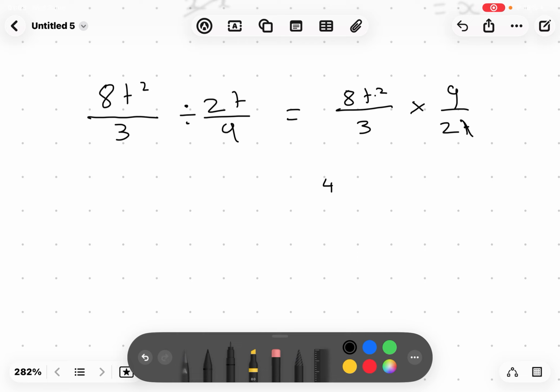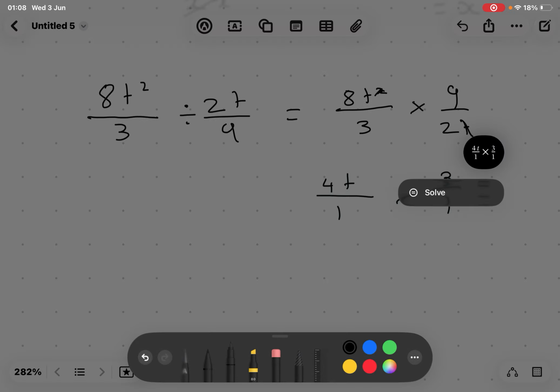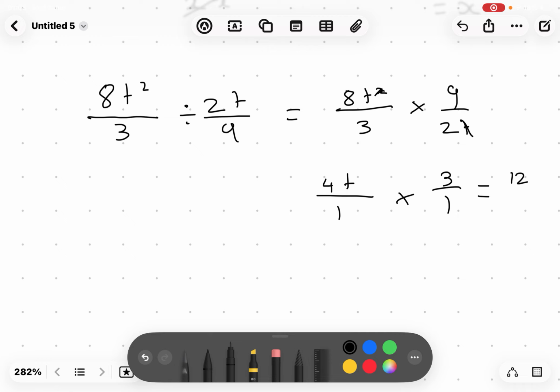Then take away the t, take away this, so only t left. Over here 1 times 3, 1. So after that we basically get 12t over 1, which is just 12t.